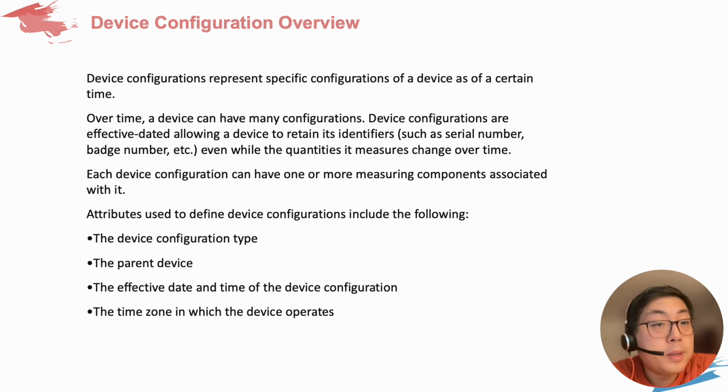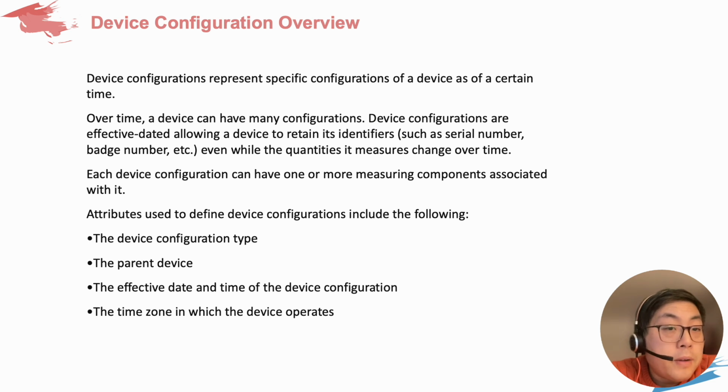Over time, a device can have many device configs. Device configs are effective dated, and they are able to measure the quantity for the device over time.